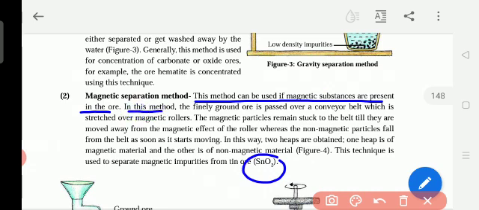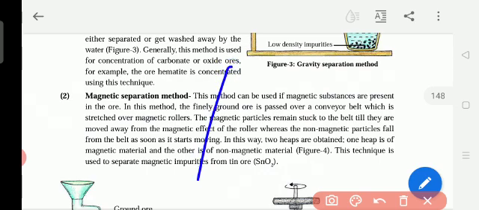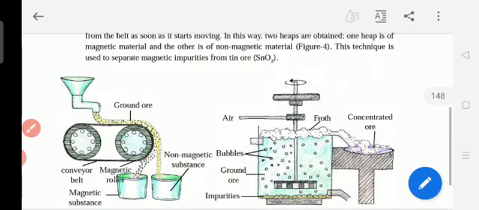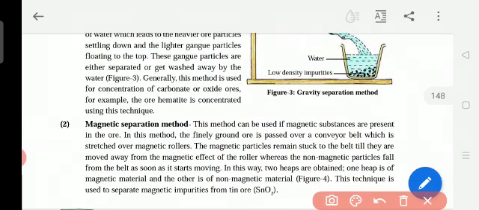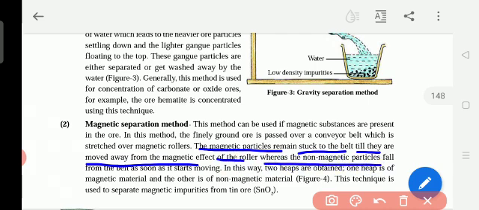In this method, the finely ground ore is passed over a conveyor belt which is stretched over magnetic rollers. These are the magnetic rollers, and around them one belt is present. The magnetic particles remain stuck to the belt till they are removed away from the magnetic effect of the roller, whereas the non-magnetic particles fall from the belt as soon as it starts moving.